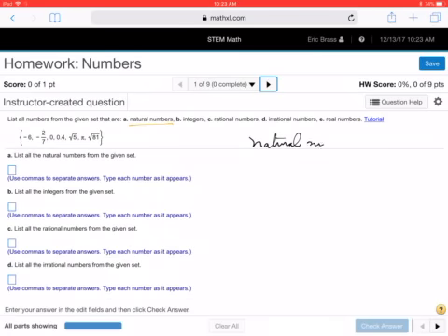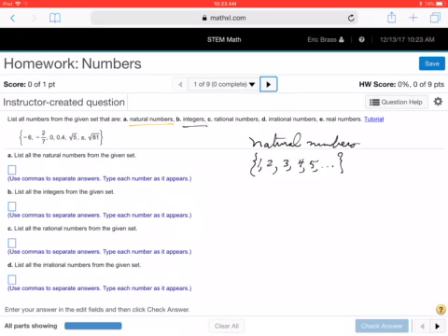Natural numbers are like 1, 2, 3, 4, 5, and so on. It's those kinds of numbers. It doesn't include 0, so it's essentially a set of numbers, like so. So that's your natural numbers.